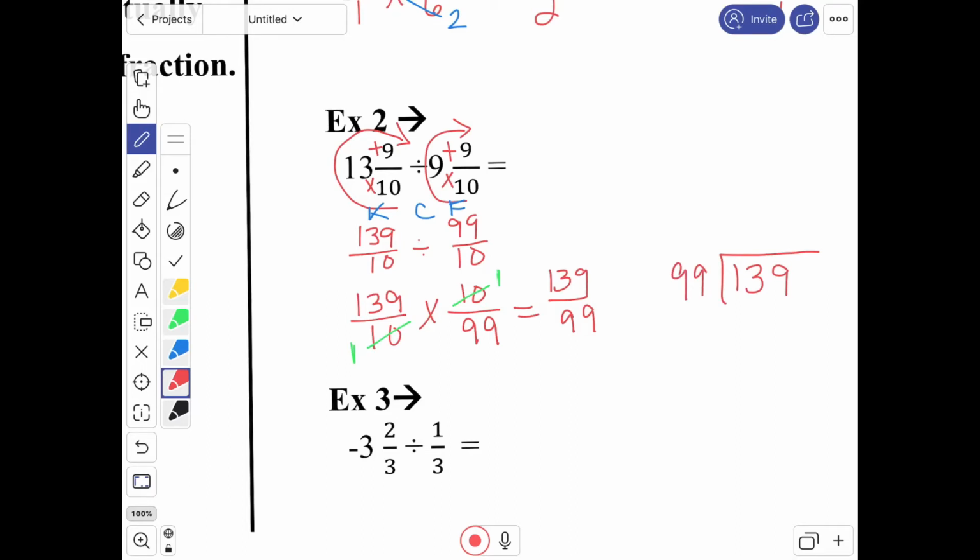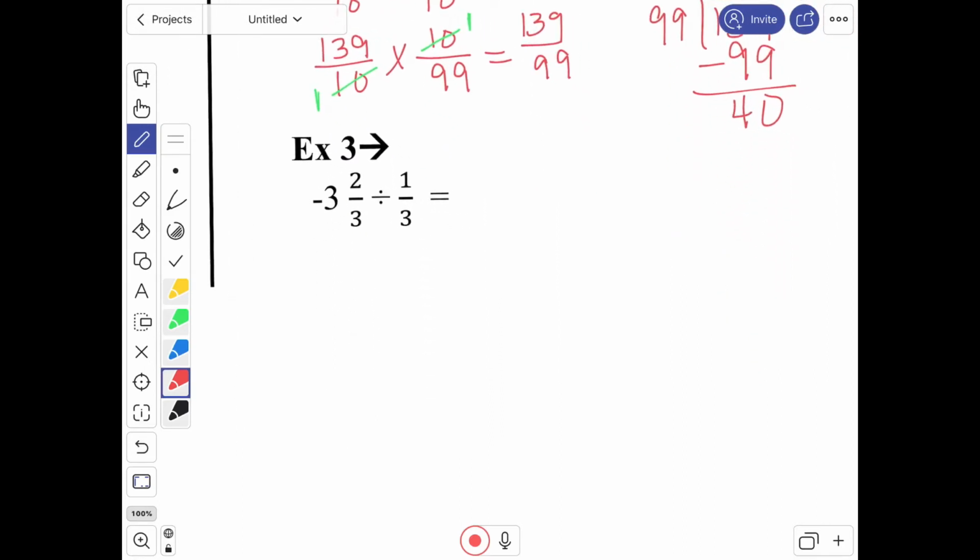And that's improper, so I need to divide it out. 99 goes into 139 once. And we subtract and get 40. So my new fraction is 40 over 99. 1 and 40/99.